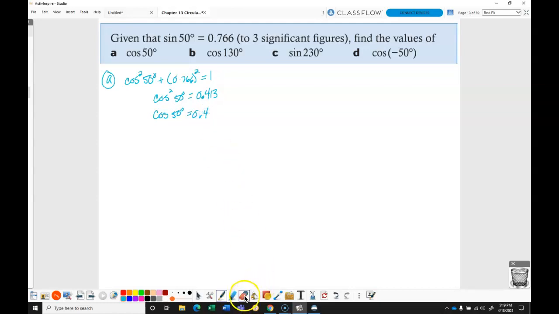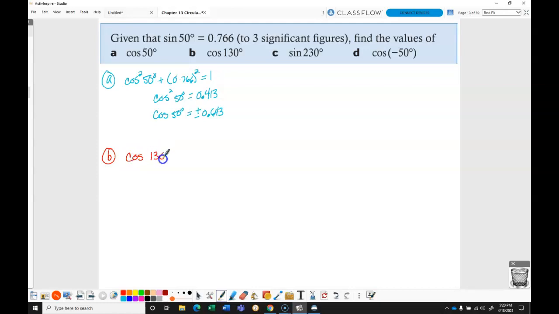So I know that the cosine of this one is 0.643 from that problem up there. And 130 degrees is the same 50 degrees off of the x-axis. So it is actually going to have the opposite x-coordinate. So I'm going to put in here that it's going to be the negative of 0.643. Okay.